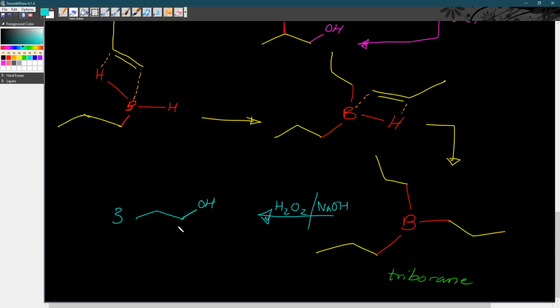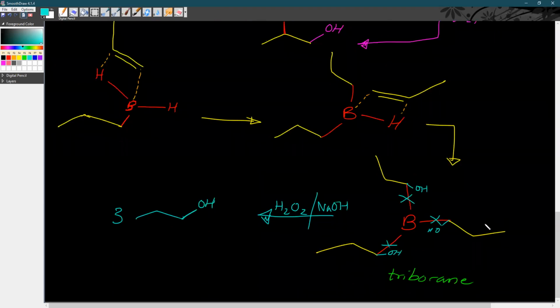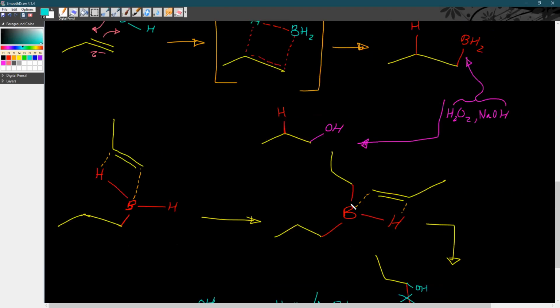You basically cut every single one of these bonds and you put the OH where the cut was. So if you only do the first step, you end up at the triborane. If you then work it up, you end up at the alcohol. And then this is a 3-to-3 ratio, or a 1-to-1, which is why we talk about it.